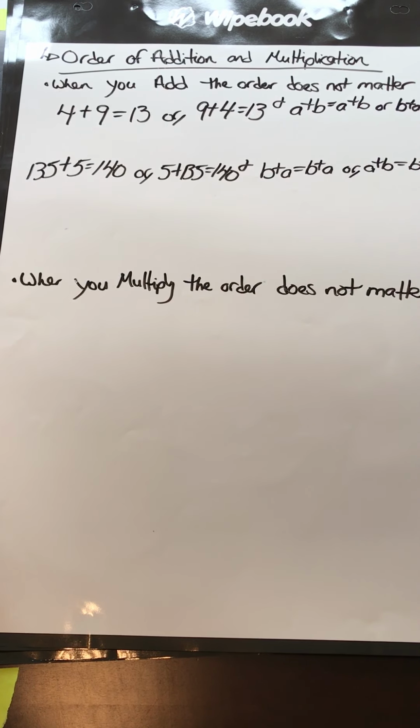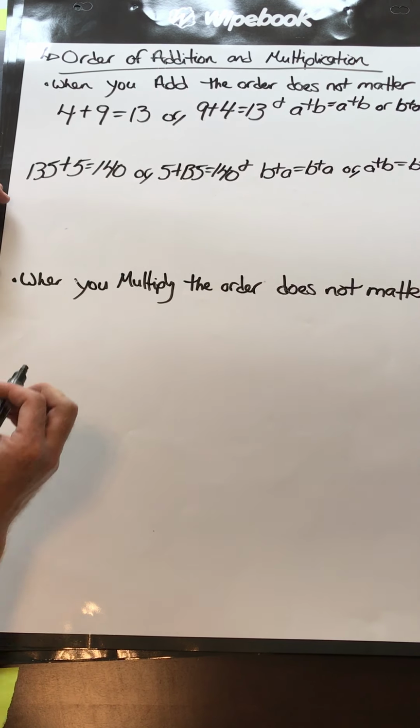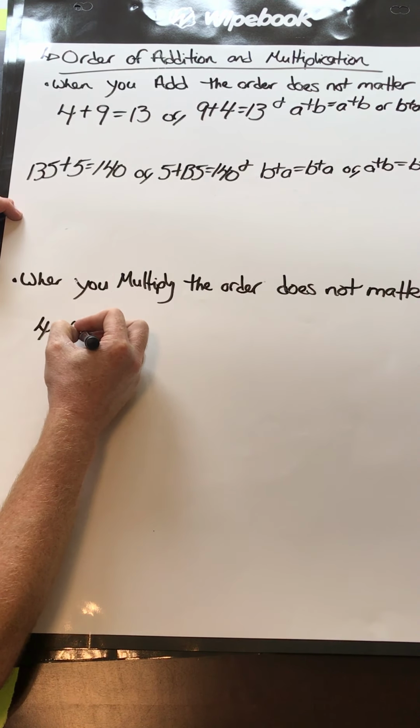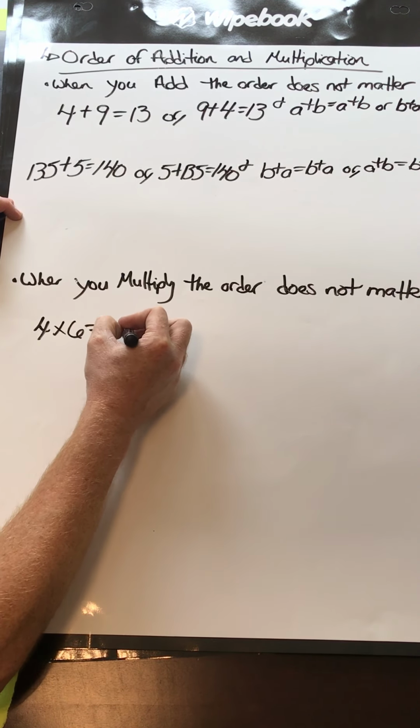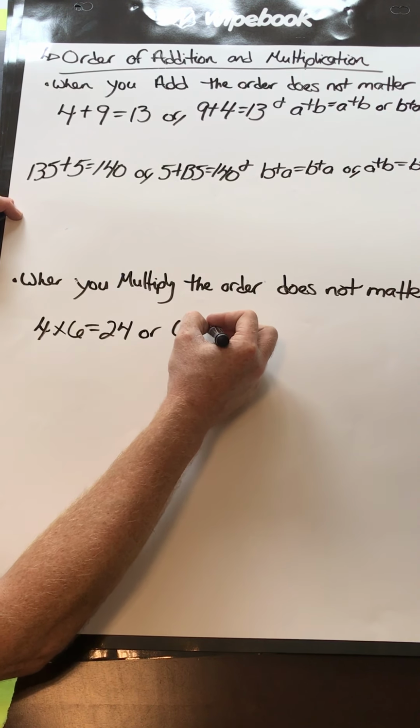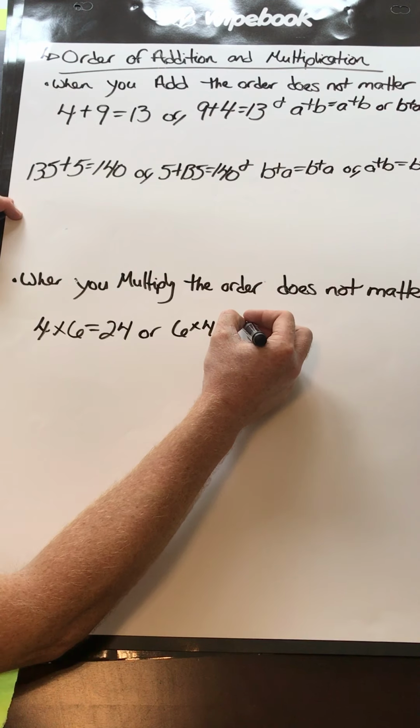Similarly, when we multiply, the order does not matter. We could have 4 times 6 is equal to 24, or we can have 6 times 4 is equal to 24.